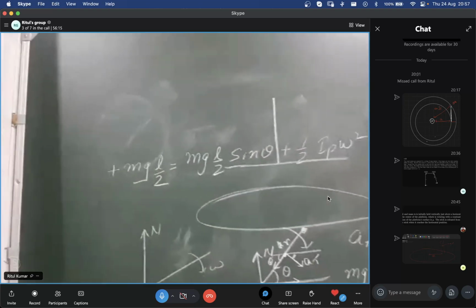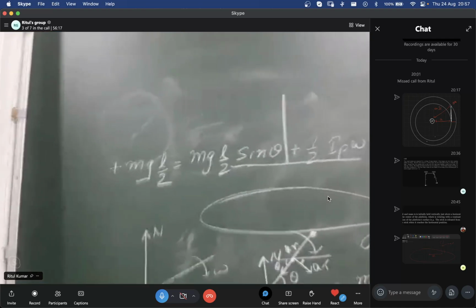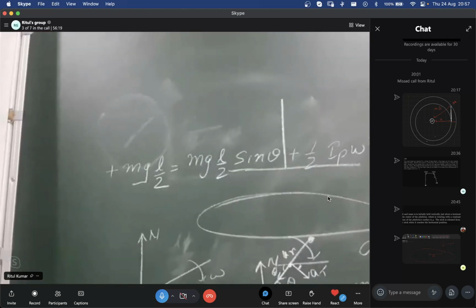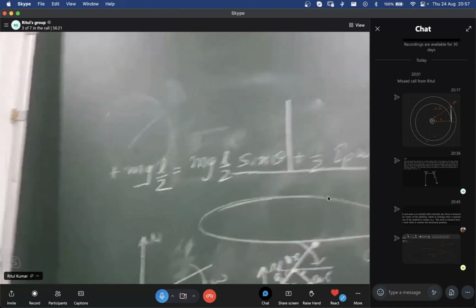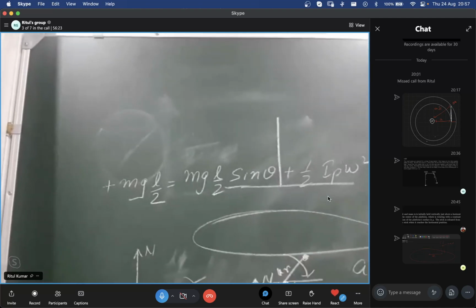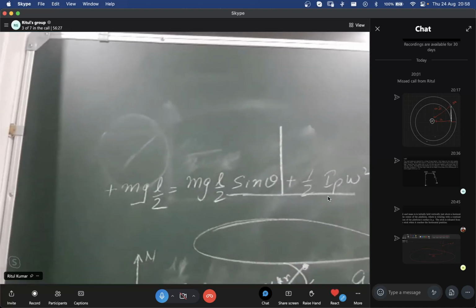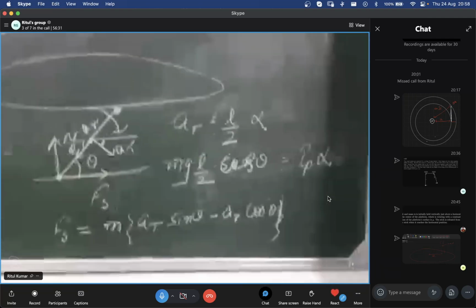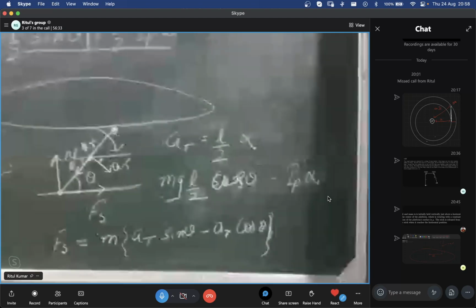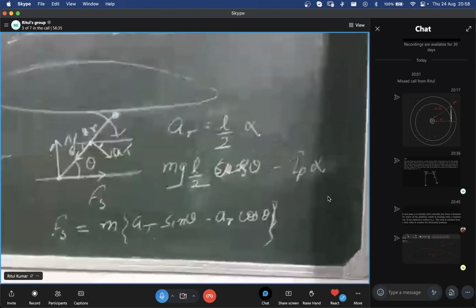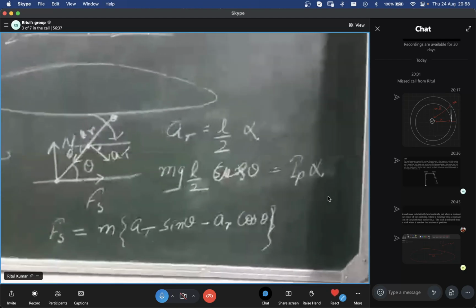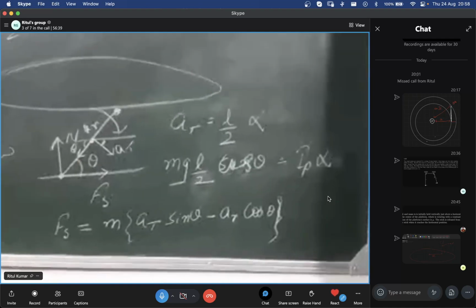When we get omega, we get alpha as well, right? And from here, we can then relate. Because alpha was unknown, AR was to be related to AT. AR is equal to what?